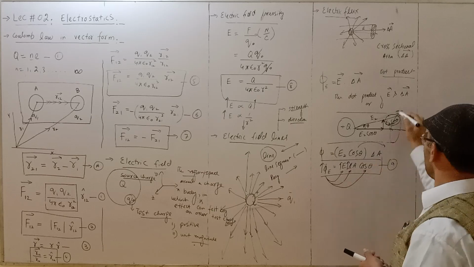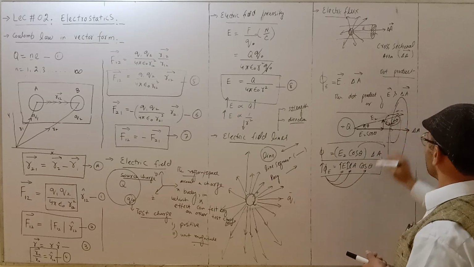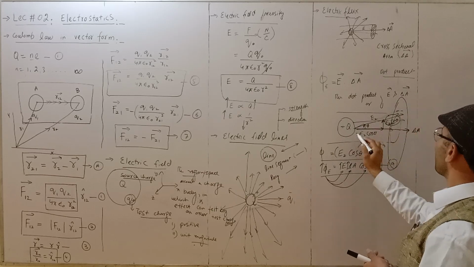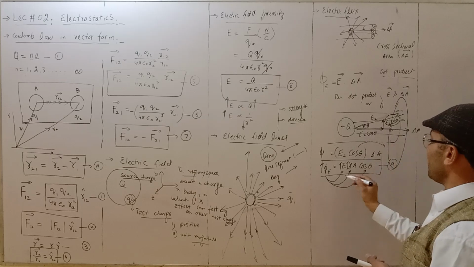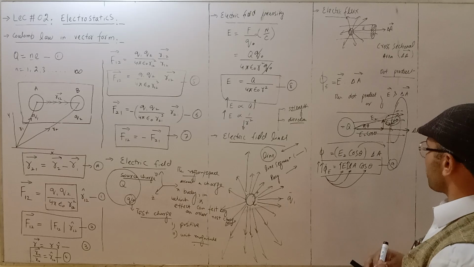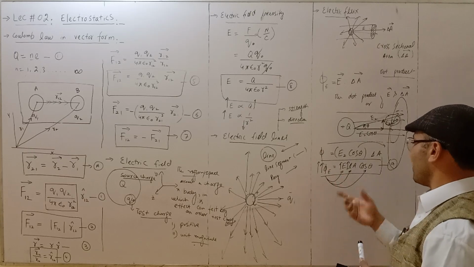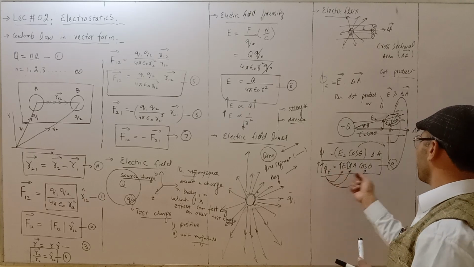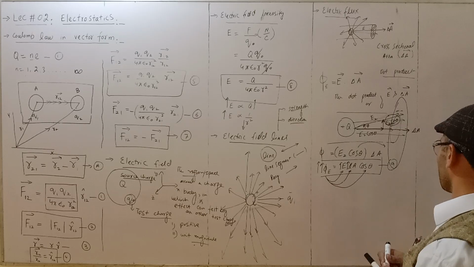Similarly, if I take a large cross-sectional area, more electric field lines will pass through it, and I observe the electric flux in a large quantity. But the third factor is the theta.